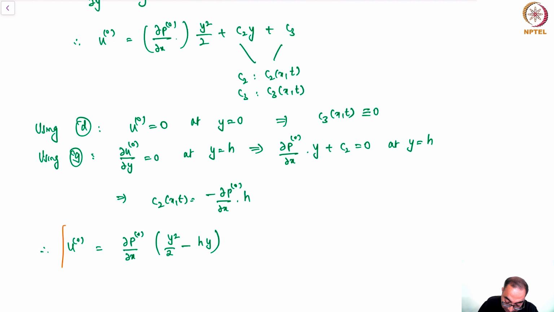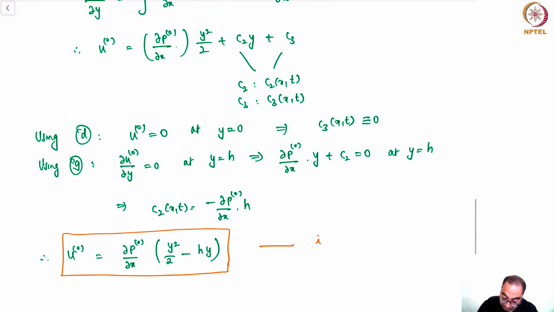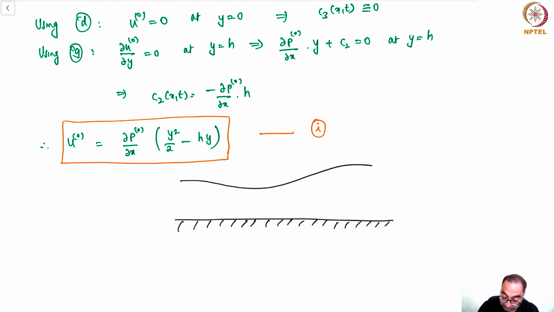Let's label this as well. Let's call this equation I. Notice that the velocity field is a parabolic profile. If this is my thin film, and I have an undulation like this, the velocity at any point will be a parabolic profile.